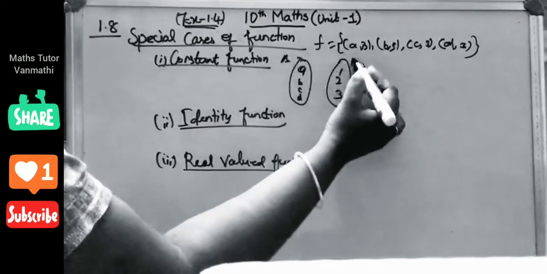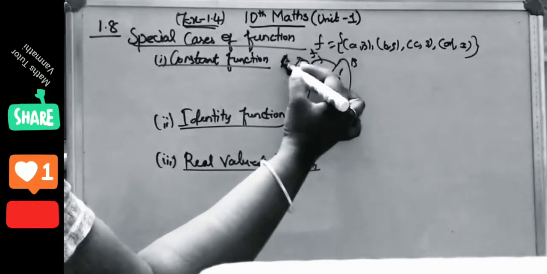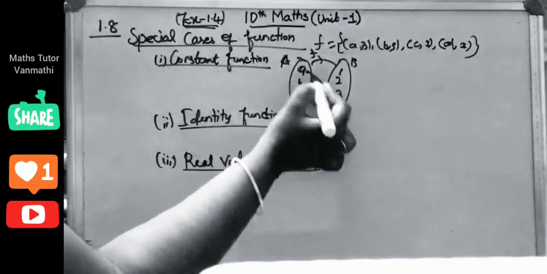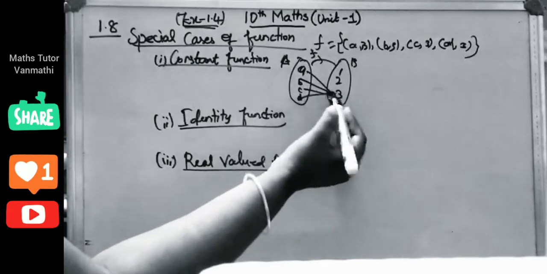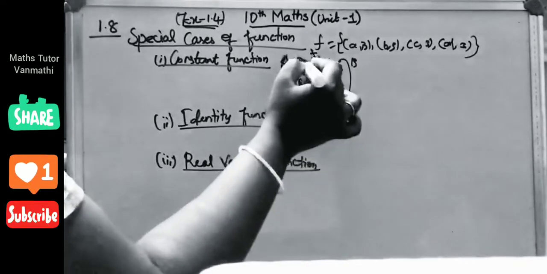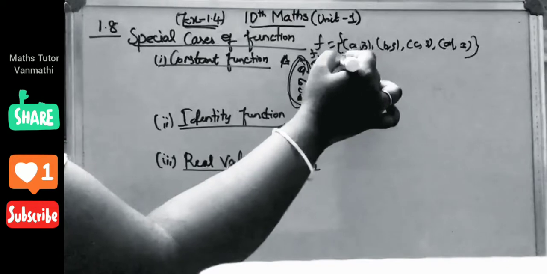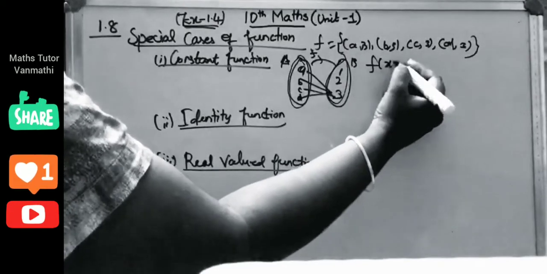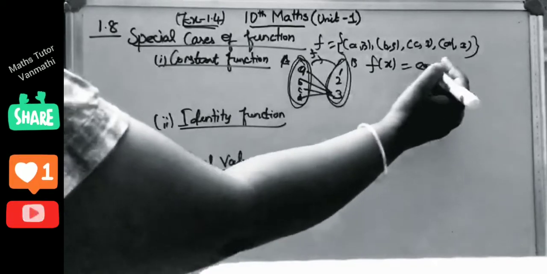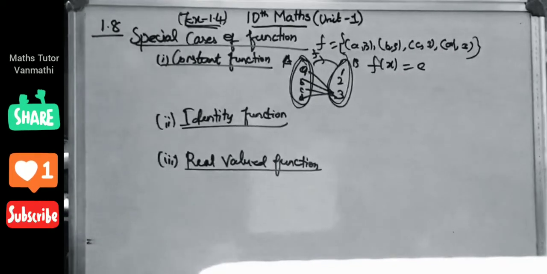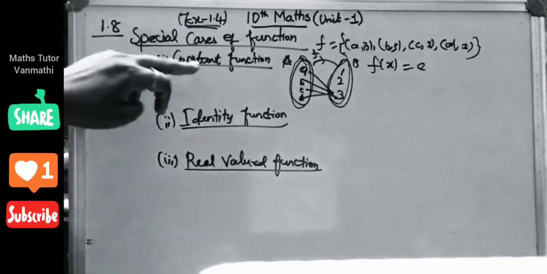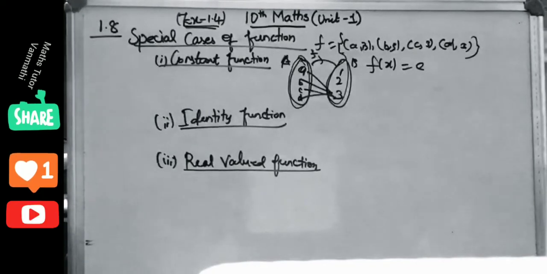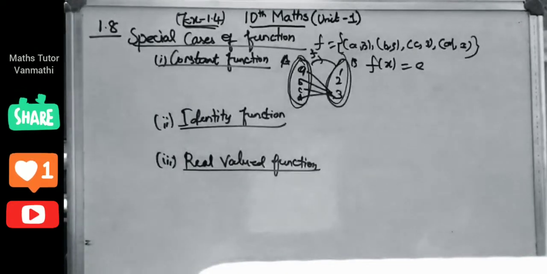This is your function from A to B. What they are mapping is A to 3, B to 3, C to 3, D to 3. Here every element in A is mapping to one particular element in B. That is, f of x is equal to c, where c is some particular element. So this type of function is called a constant function. Next is your identity function.